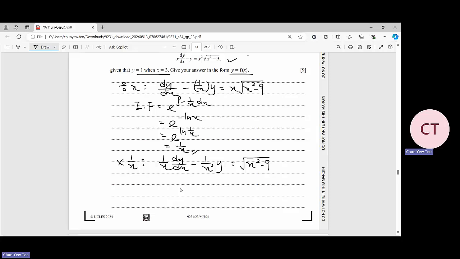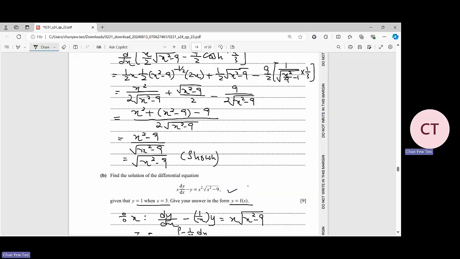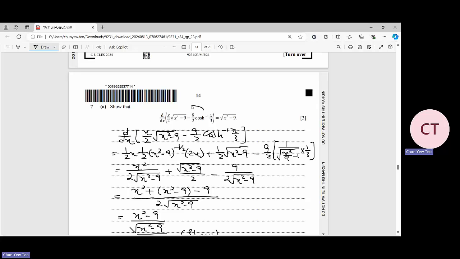So take the IF and the y multiplied together. It will be the same as you integrate the right-hand side. Because from part A, we already show that differentiate this whole thing will give you this. That means integrate this will give you back the original one.